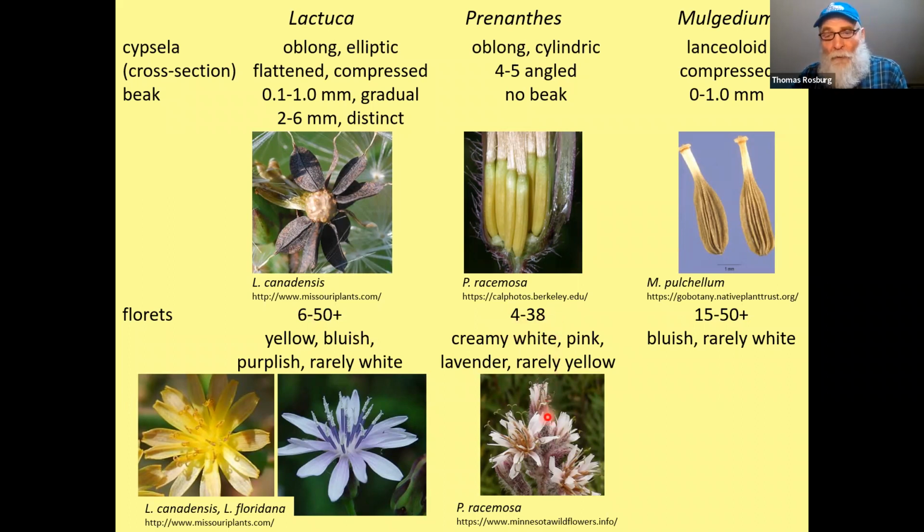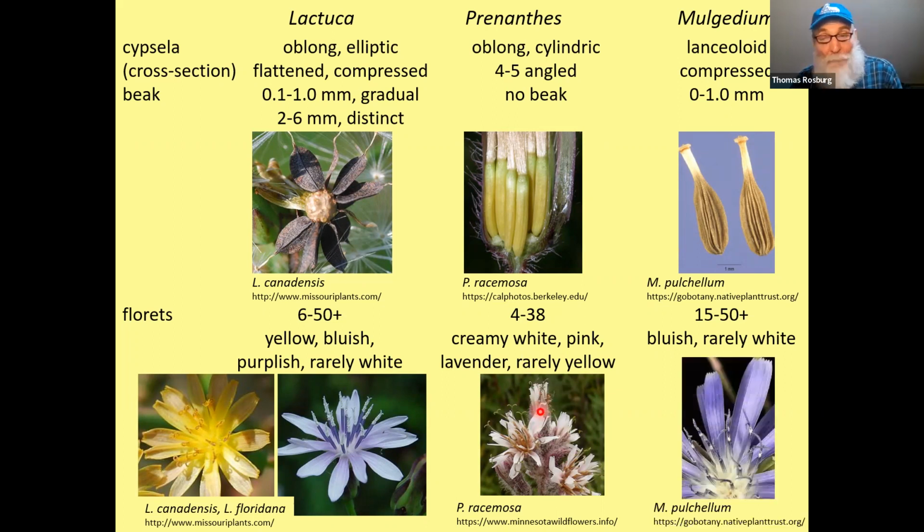But definitely the color of Prenanthes is pretty unique. The Prenanthes are not typically colored the same as Lactuca or Mogideum. They're just creamy white in some, or more of a lavender. And for our species, at least, that's definitely true. Some other Prenanthes that we don't have can have yellow ligules, but we don't have that in any of ours, really. And then the Mogideum, which is called showy blue lettuce, they're this bright blue.